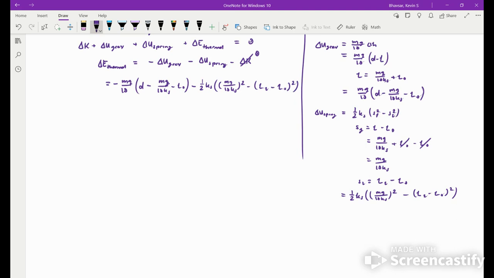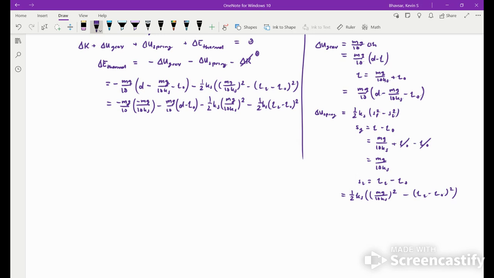We'll substitute in our coefficients for each of these parenthetical terms. We'll have mg over 10 times negative mg over 10 ks minus mg over 10 times d minus L naught, minus 1/2 ks times mg over 10 ks squared minus 1/2 ks times L sub i minus L sub naught squared.